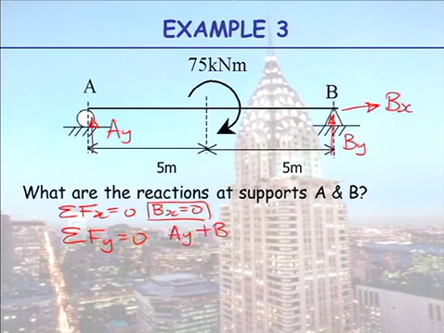AY plus BY equals 0. At this point, 5% of you for some reason then say, well, therefore AY and BY equals 0. You can't say that. What you can say is AY is equal to minus BY. They are equal and opposing forces.